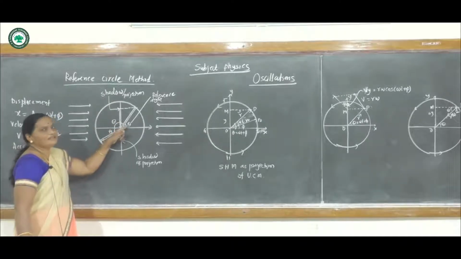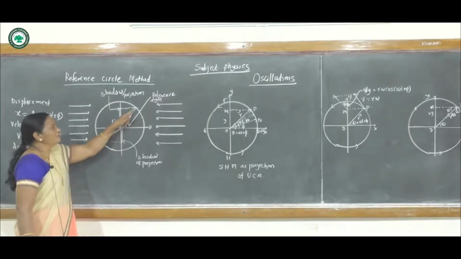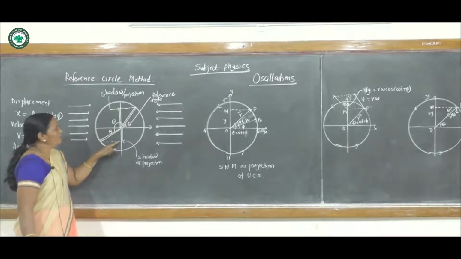This is the angle theta here. Suppose this is the projection of the tip of the rod, and this is the shadow of it.